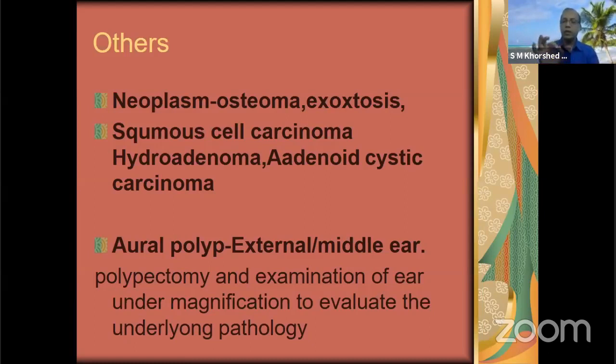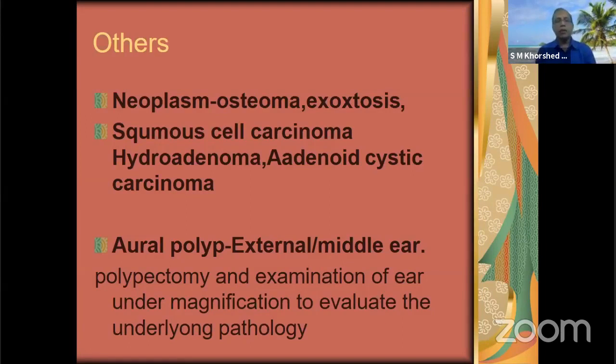It is a rounded thing, and we used to express the location with o'clock positions. This is believed to be caused only in people who are swimmers, because cold water entry into the ear may be the causative factor of this exostosis.